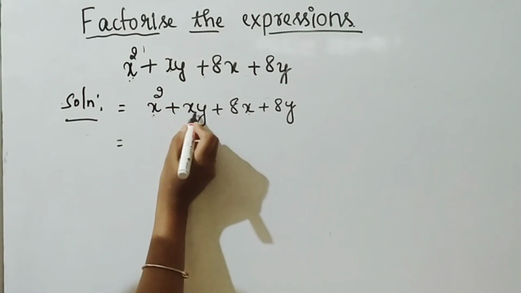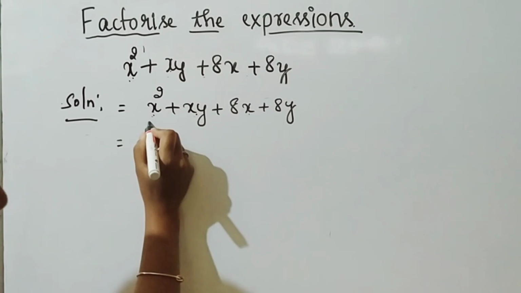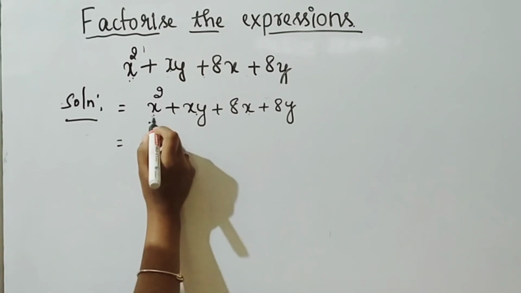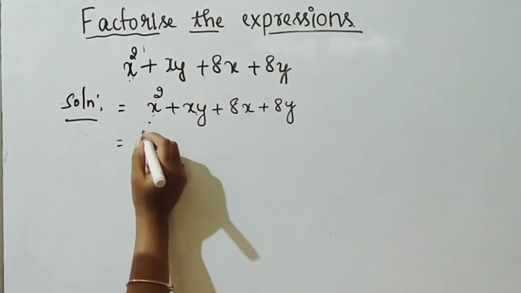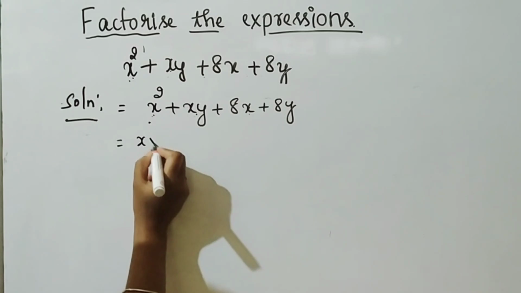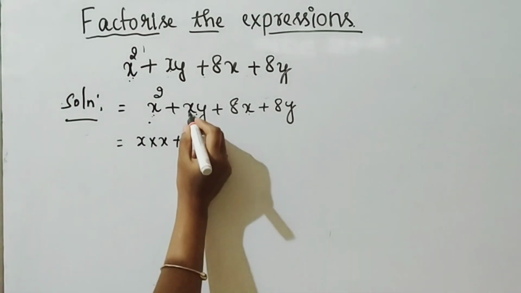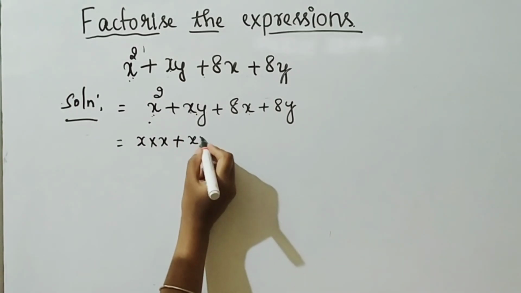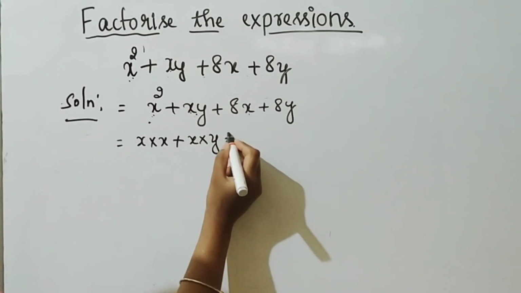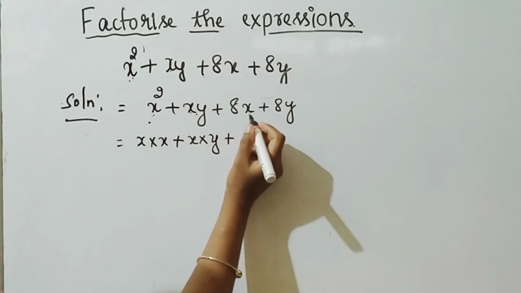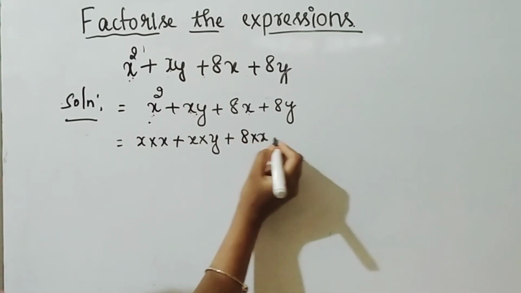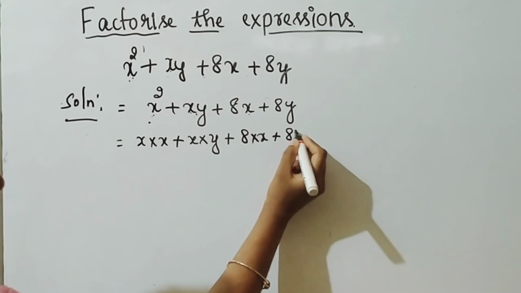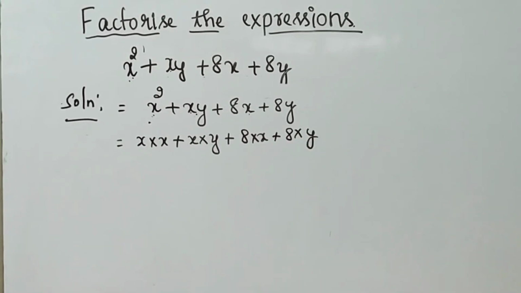If I consider these two terms, x square and xy, I can take x outside. So I am going to split x square as x into x, plus xy as x into y, plus 8x as 8 into x, plus 8y as 8 into y.